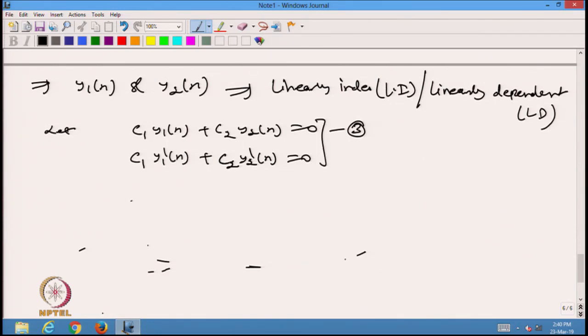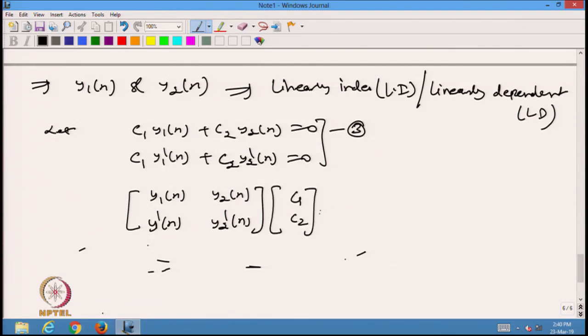Now, this is the system. I can write that system as the matrix with rows y1(x), y2(x) and y1'(x), y2'(x), multiplied by C1 and C2, equal to 0, 0.